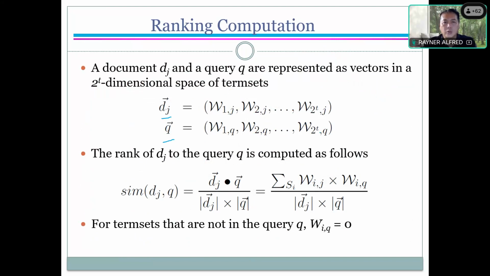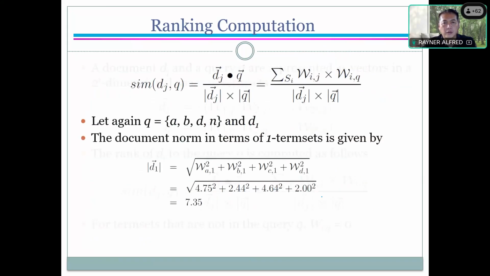So we must also compute the weightage of each of the term sets in the query, because then we can use the cosine function in order to compute the similarity. So how do we compute the weightage for the term set in the query?